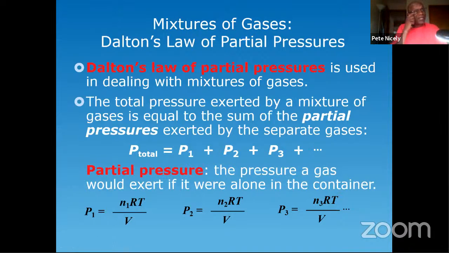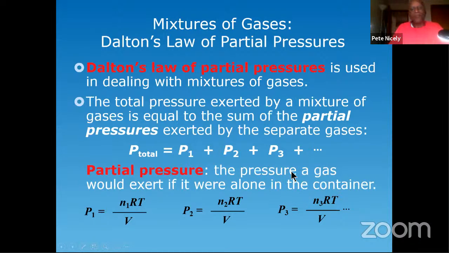Which falls in line with the kinetic molecular theory, because the kinetic molecular theory, among other things, says that the gas particles are acting independently of each other. There are no intermolecular forces between the gas particles. Therefore, the pressure of each of these gases would be the same, regardless of whether they are combined with each other or in separate containers.